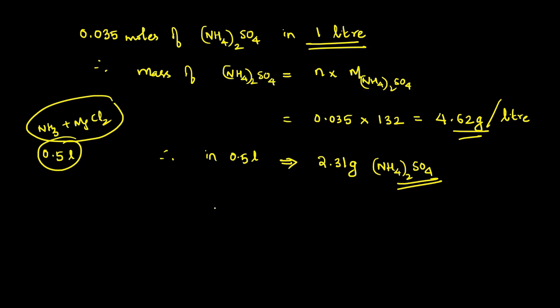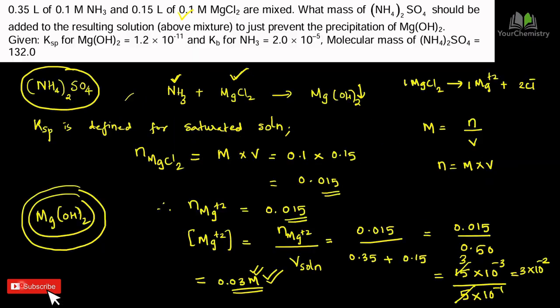So what is the answer for this question? 2.31 grams. So I will just conclude whatever we discussed. The question asked what is the amount of ammonium sulfate we need to add so that we can prevent the precipitation of magnesium hydroxide. For that purpose, we identified the available concentration of magnesium plus 2 in the solution.